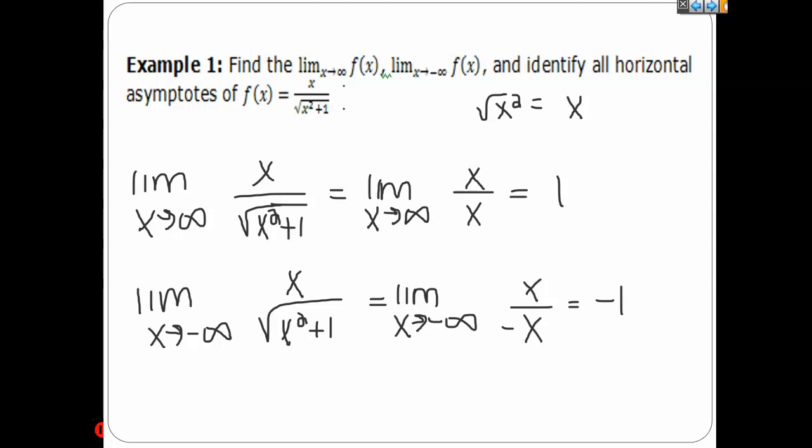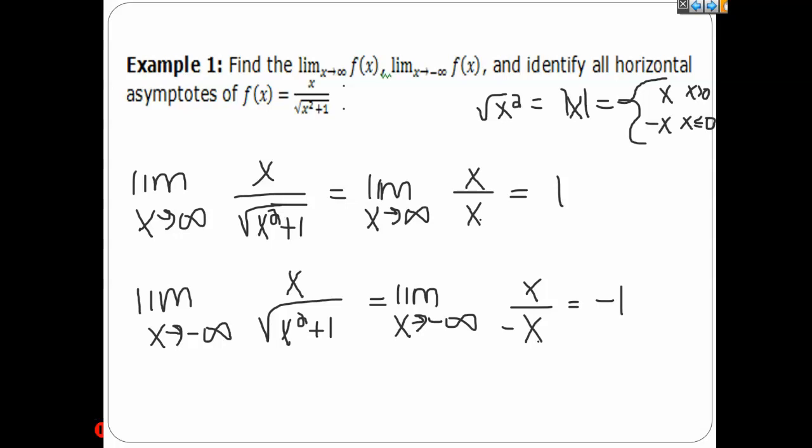Because again, the absolute value of x is really a piecewise function where it's x for x greater than 0 and negative x for x less than 0. So it's the positive x for infinity and the negative x for negative infinity. So you're not really plugging infinity in. You're talking about the coefficients or the horizontal asymptotes.